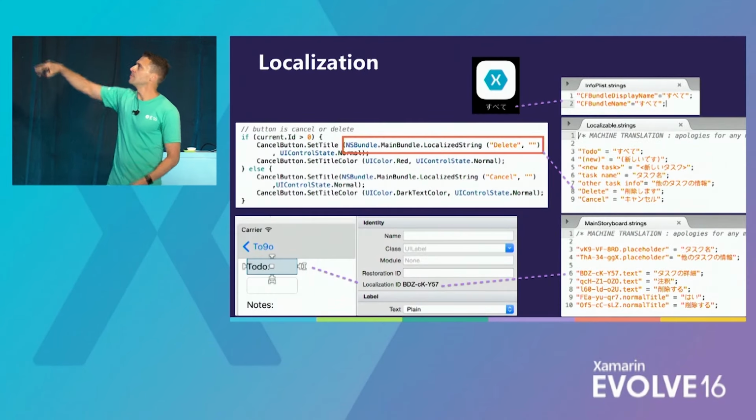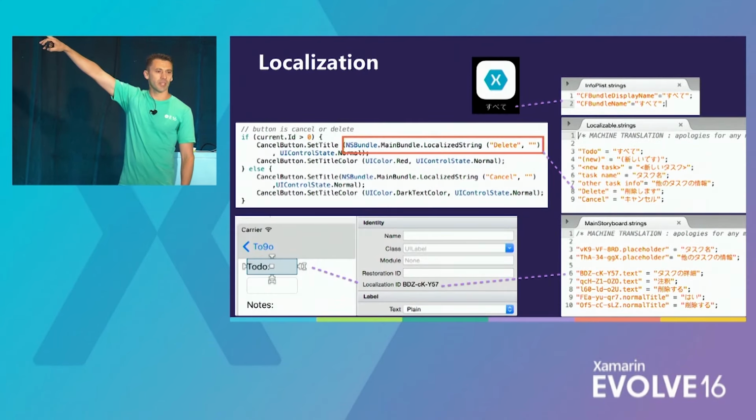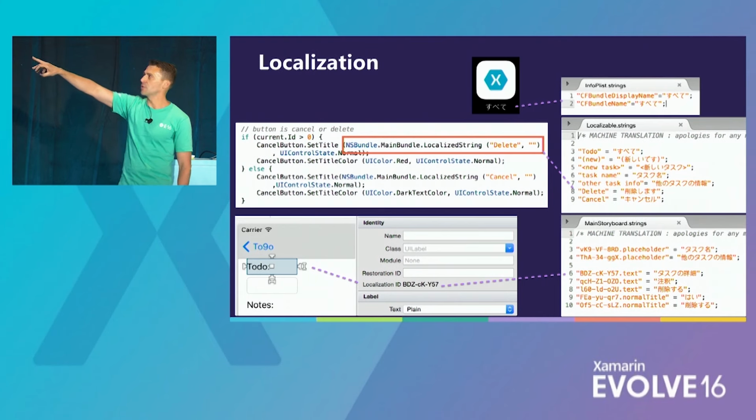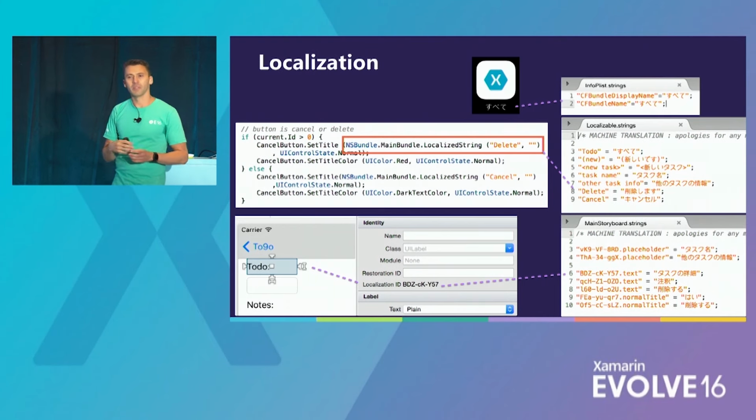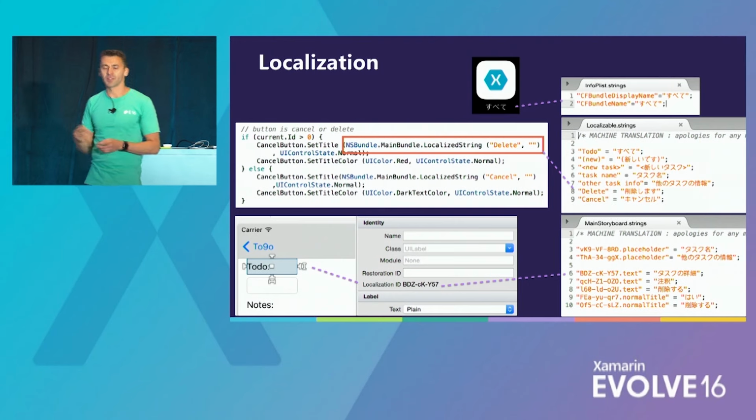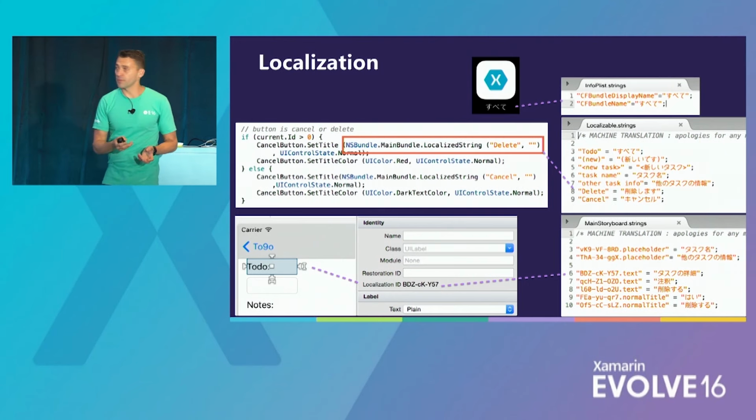This is how you use them. The Info.plist strings, that changes what goes with the icon. The localizable strings, you grab them in code using the localized string method. And we'll pull that out, and you can use that to get a substitution, to set something on the user interface.